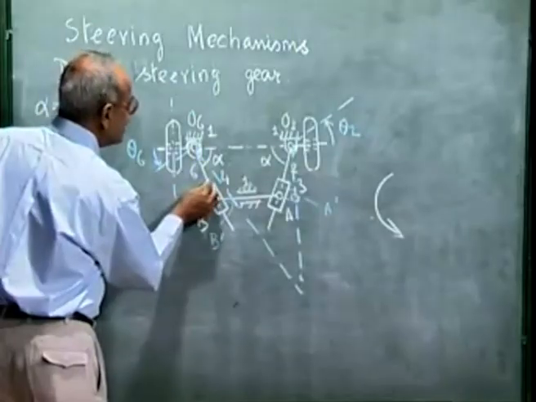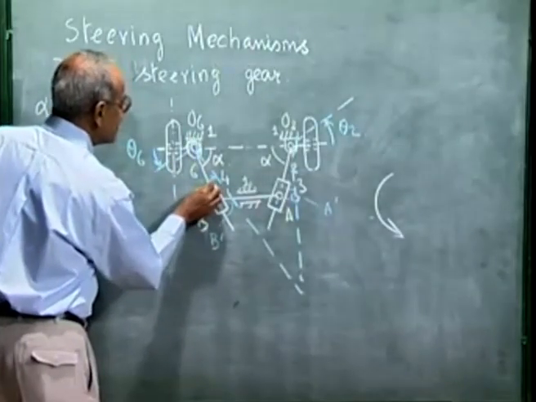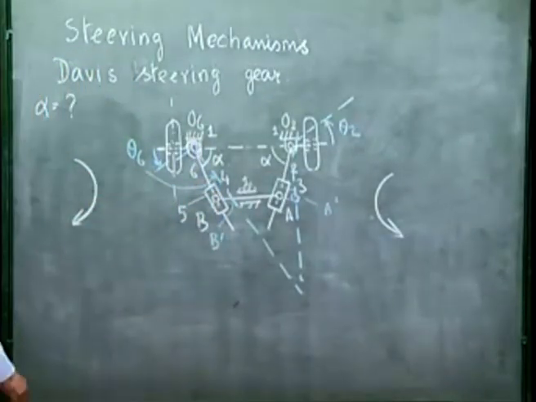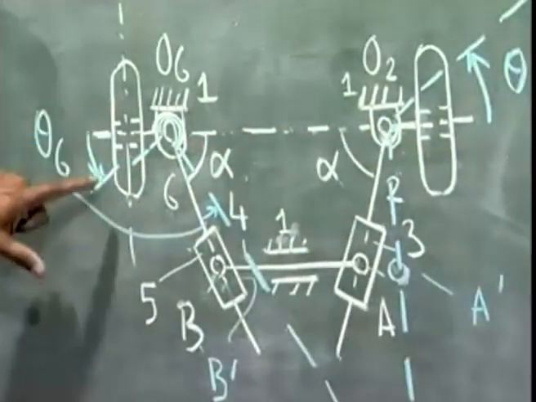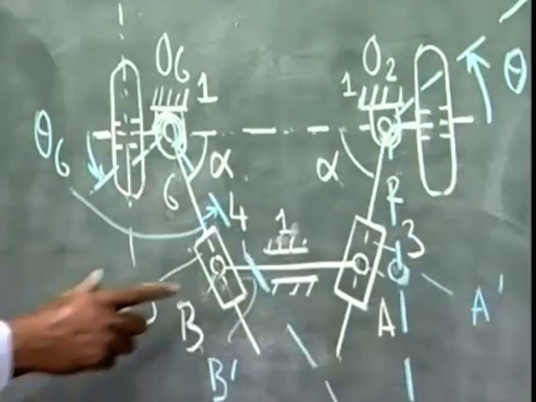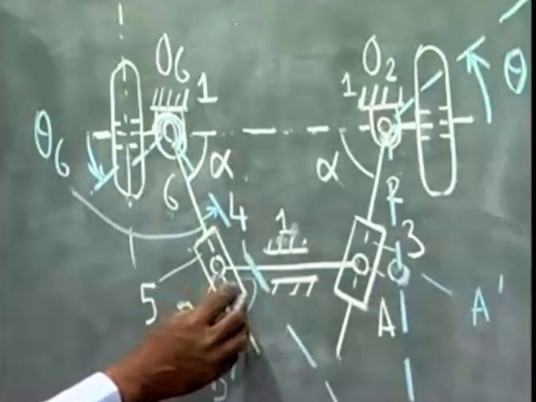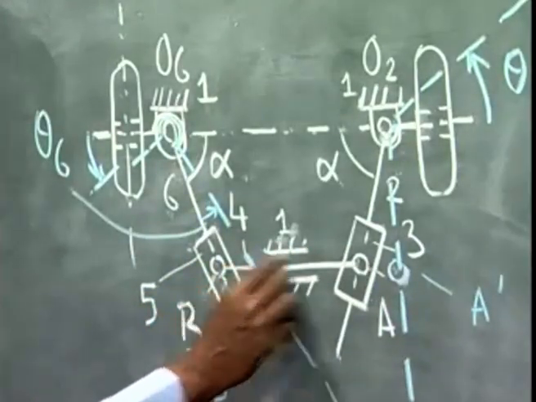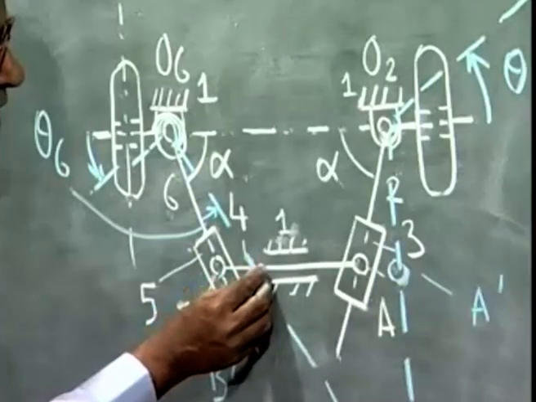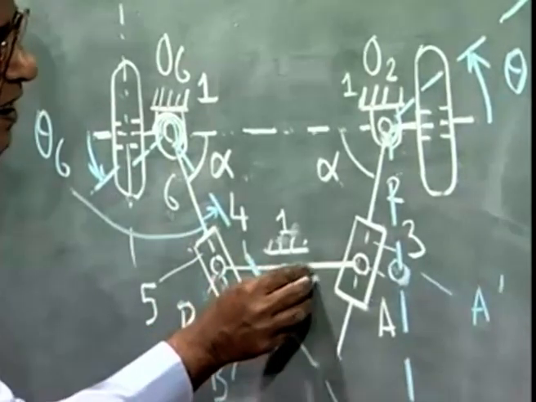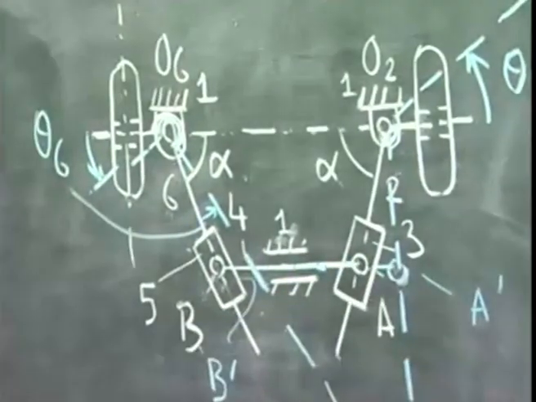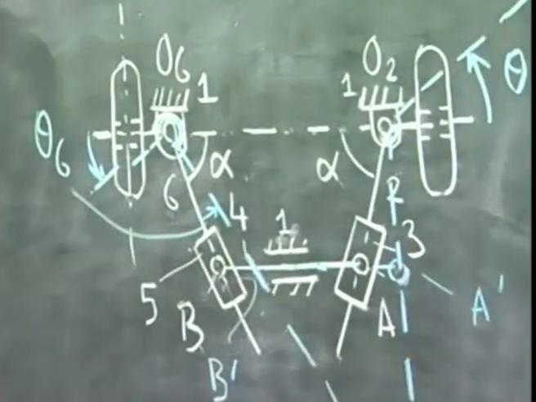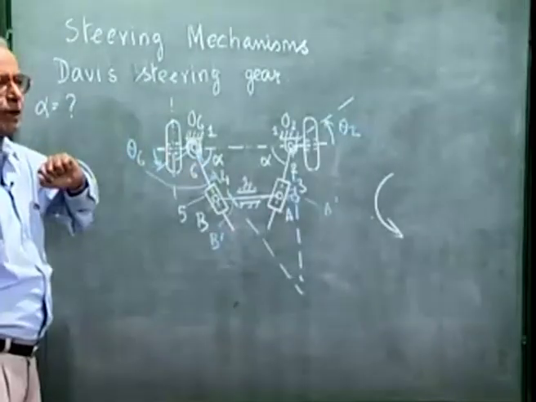That is, this angle is theta 6. So, theta 2 is the rotation of this axle, theta 6 is the rotation of this axle, as AB goes from AB to A prime B prime. You have to find the value of alpha such that the steering requirement is fulfilled.